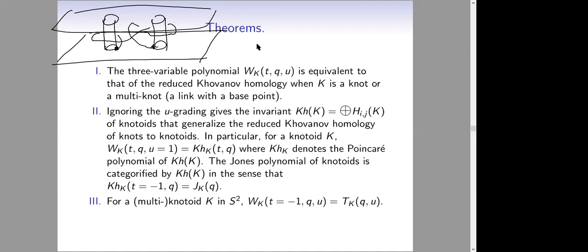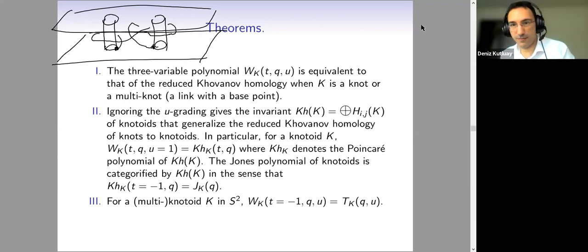Yeah, I have a question. Just like braids, you can concatenate. Here, can you concatenate two natoids along their endpoints, and is this related to the connected sum of the knots that you get?